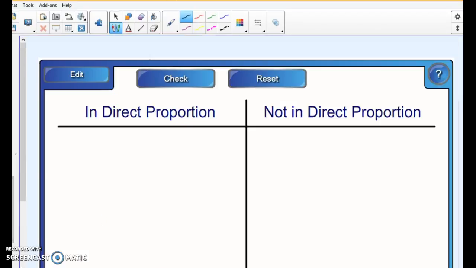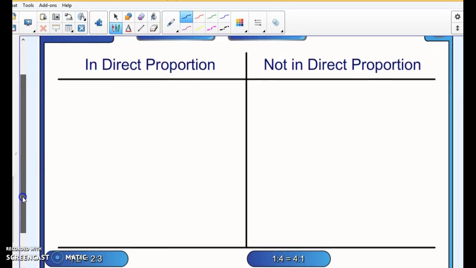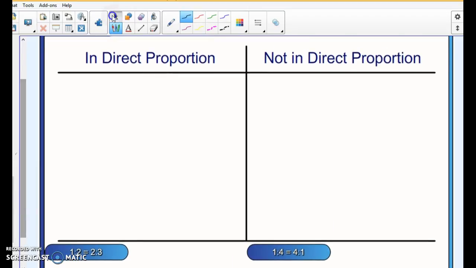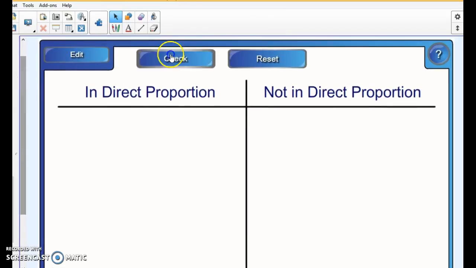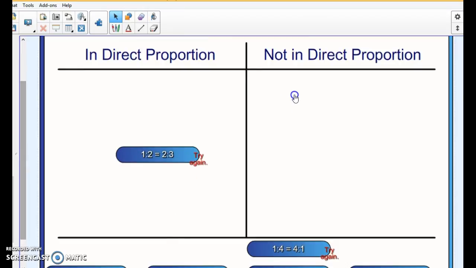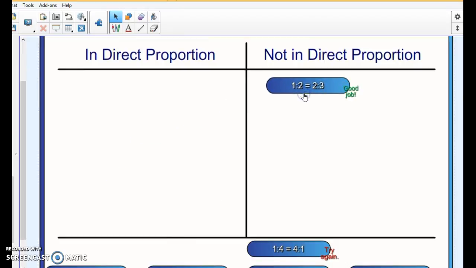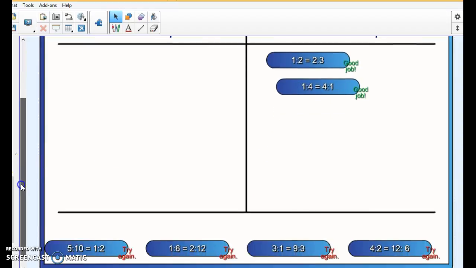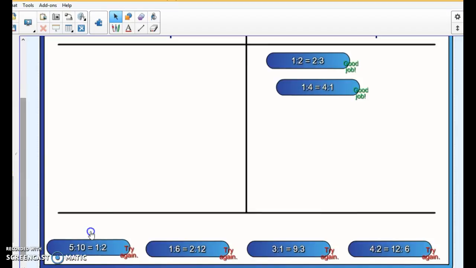And then for the last slide, we're just going to write which ones are proportions. 1 to 2 is not going to be the same as 2 to 3, so those are not proportions. 1 to 4 is not the same as 4 to 1. 5 over 10, is that the same as 1/2?